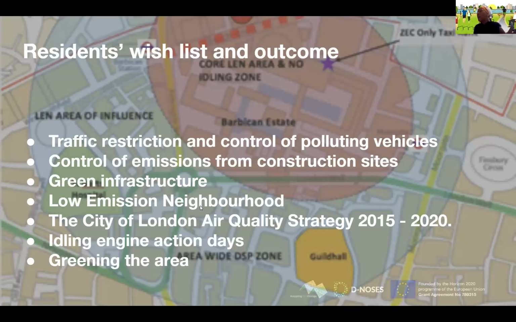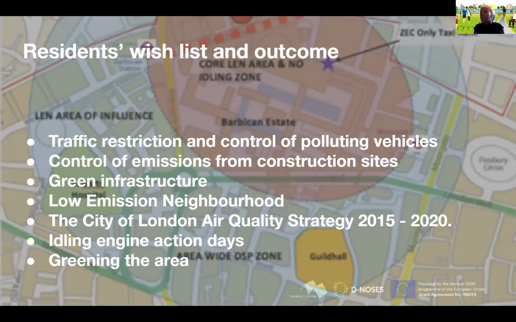And then people say, okay, so what? One, there was a whole new data set that the Corporation of London were able to have in relation to the citizen science programme, which was filling in gaps in the information that they collect on a regular basis. And on the back of the discussions and the meetings that came out from the results of this, the residents came up with a wish list.